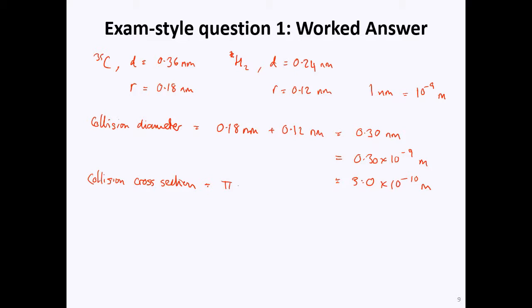So that's pi times 3.0 times 10 to the minus 10 meters squared, and that gives us 2.83 again, times 10 to the minus 19 meters squared. Once again, the ... implies that I've kept the accuracy. I've only written down 3 sig figs, but I've kept more in my calculator.